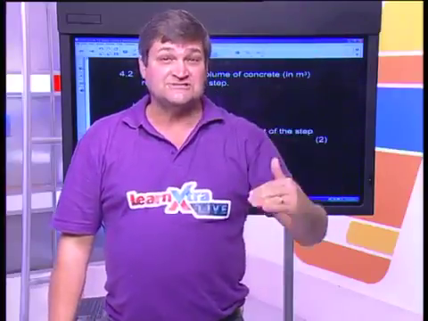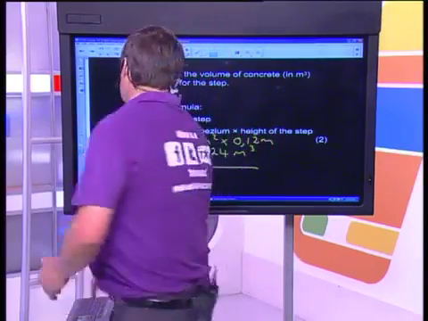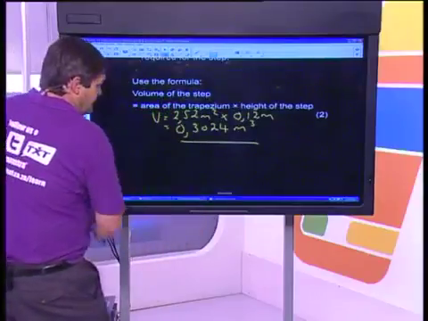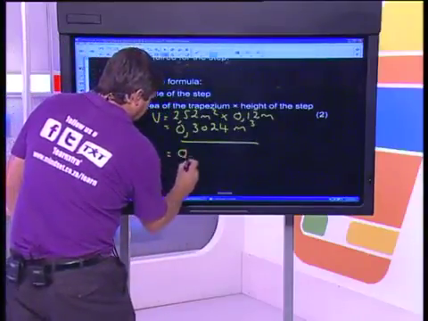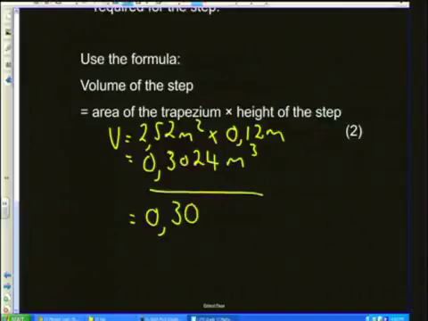Chances are it could be the same at the end of this year. So I'm going to round that to 2 decimal places and say my answer is 0,30 meters cubed. There it is.